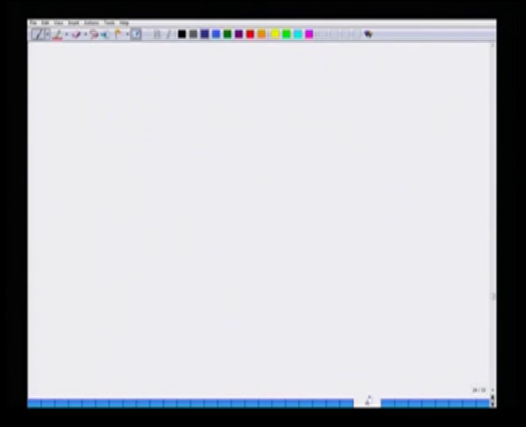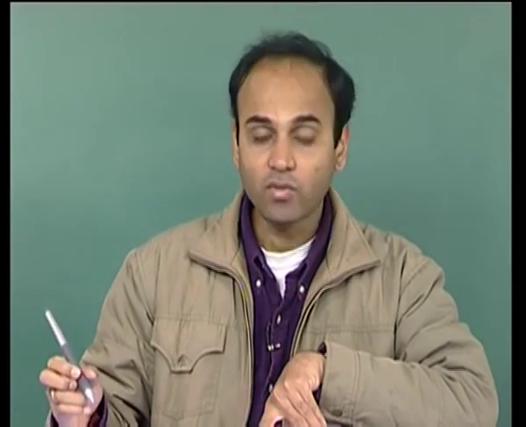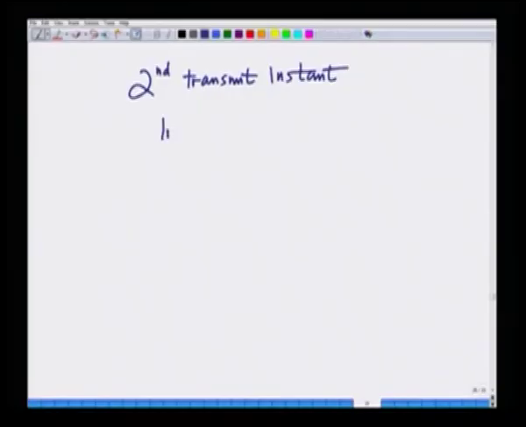Now, for the second transmit instant, I will do something interesting. What Alamouti has proposed is something very interesting. For the second transmit instant, consider the same symbols x1 and x2, however, transmit them as follows.